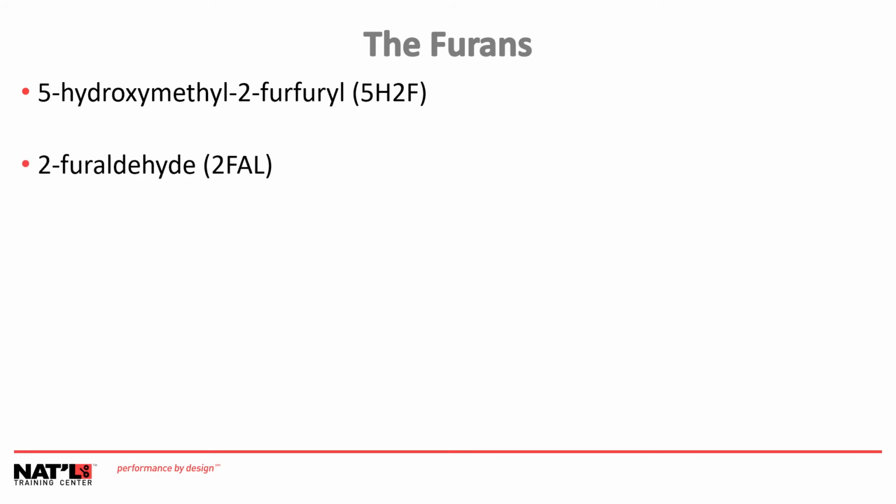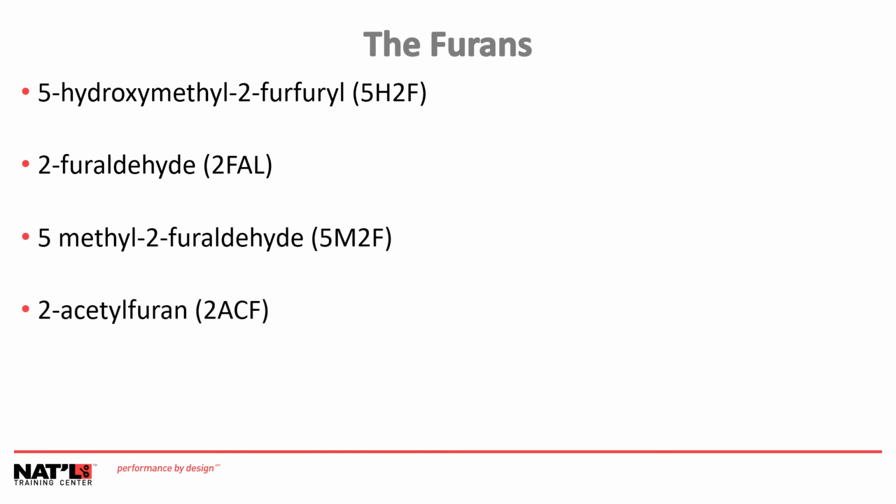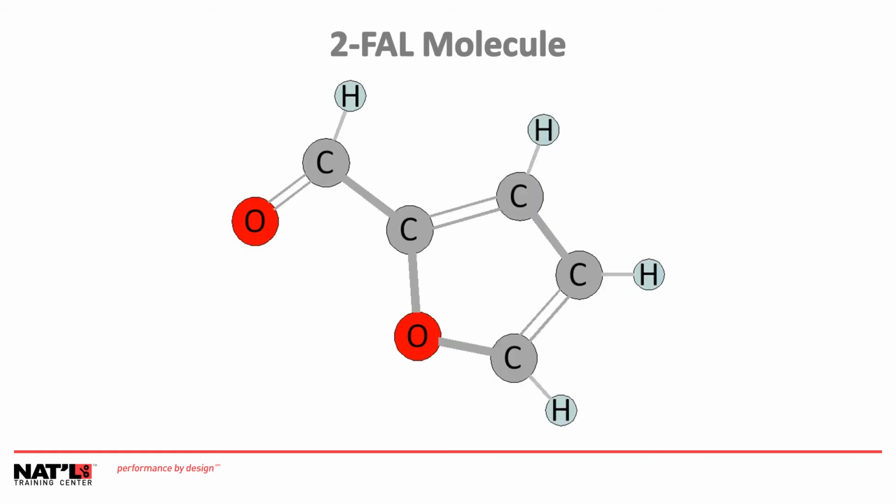These other 4 furans, for a total of 5, are 2-furaldehyde, 2-FAL, 5-methyl 2-furaldehyde, 5M2F, 2-acetylfuran, 2-ACF, and finally, furyl alcohol, 2-FOL. All 5 compounds previously mentioned are known as furan derivatives.